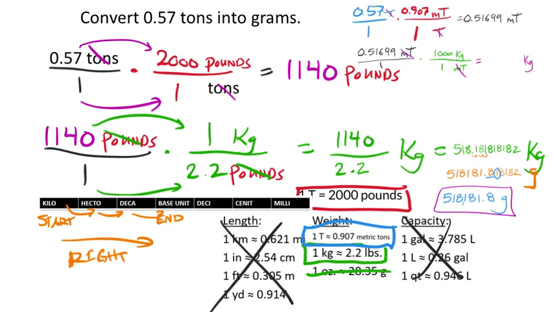This would be 516.99 kilograms. And then we're back to moving the decimal down here. It would still need to be moved to the right, 3 decimal place values. 1, 2, 3. So we'd have a 0 there. We end up with 516,990, but in grams. Now this is an answer, okay?